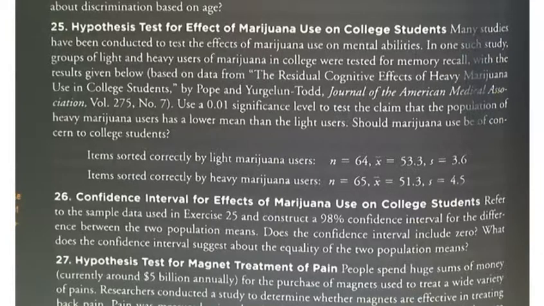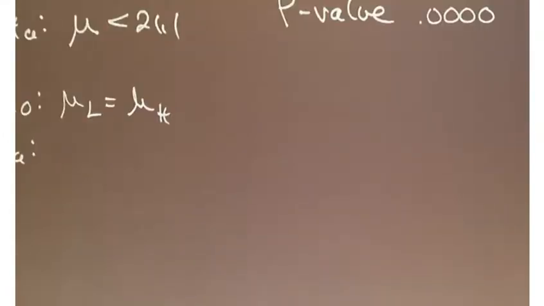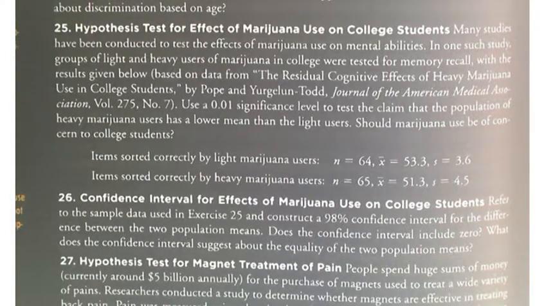All right, so let's take a look here. How many items in our population? 2. What parameter are we testing? Mu. All right, so you could do, say, mu sub L equals mu sub H. Let's see, do we want different or... Oh, we want to test if heavy marijuana users have a lower mean than light users.